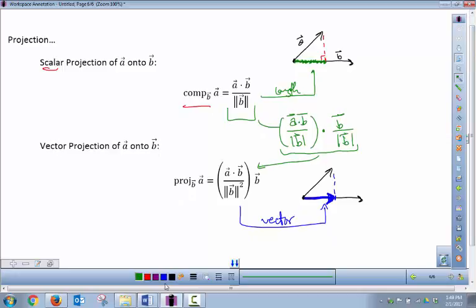This idea will be important for us to find distances of things. If we're finding a distance from one point to another, and the other thing is like a plane or a line, then this whole idea of a vertical distance or a perpendicular distance is important, because a projection gives us this perpendicular drop from one vector to the other.